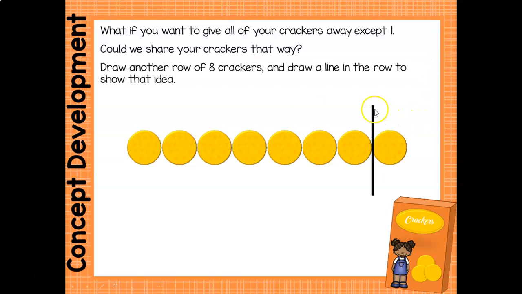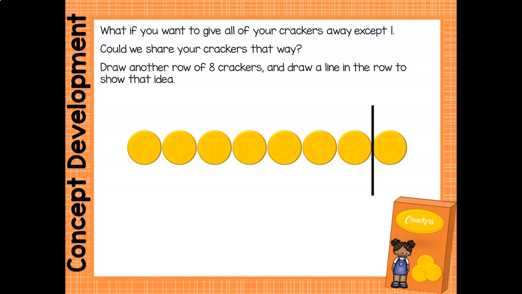So see how this 1 is over here? So we know 1 is a part. Let's count and figure out our other part. 1, 2, 3, 4, 5, 6, 7. So now we know that our two parts are 7 and 1.